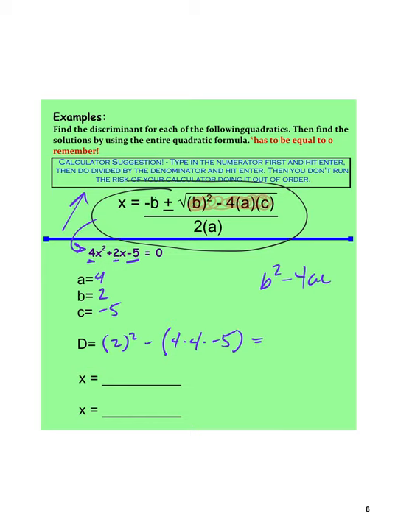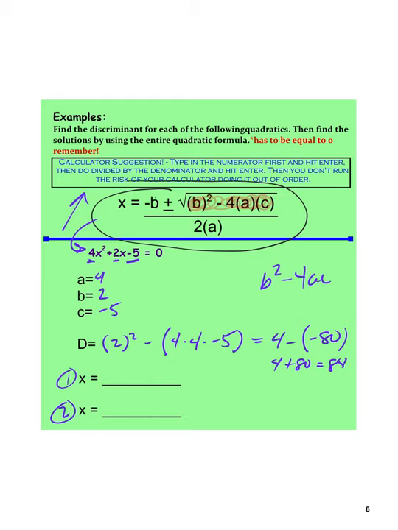So this would be 4 minus, and then 4 times 4 is 16, and 16 times -5 is -80. So we've got 4 plus 80, or 84, which means we do have two real roots on this problem.